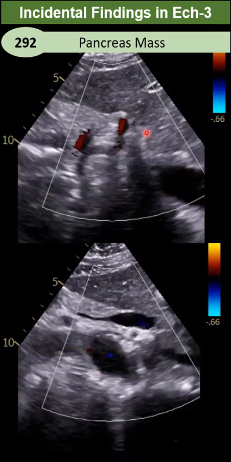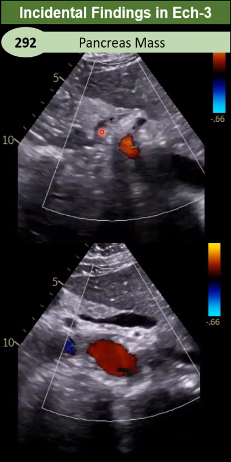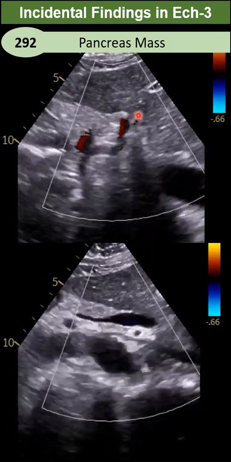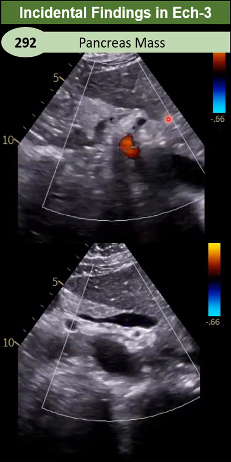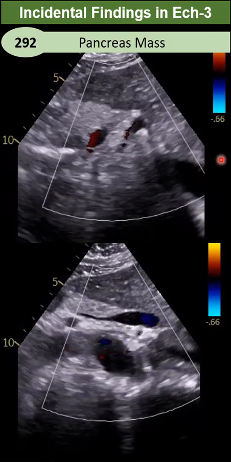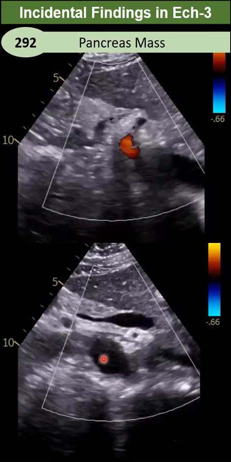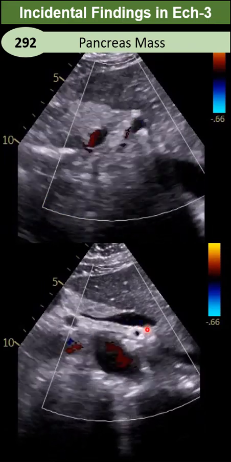The celiac and SMA pass through to the head, or more accurately the neck, of the pancreas and go supply the terminal branches to splenic, hepatic, and this one to SMA to the intestine.